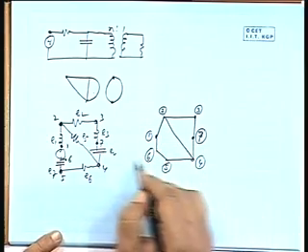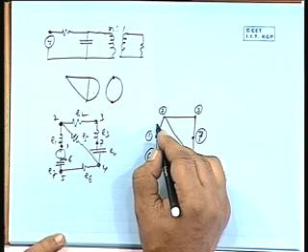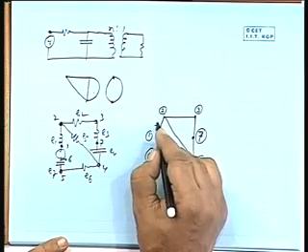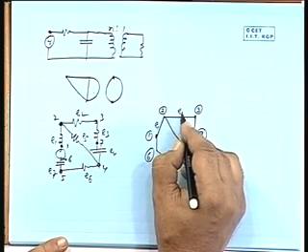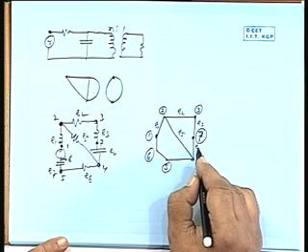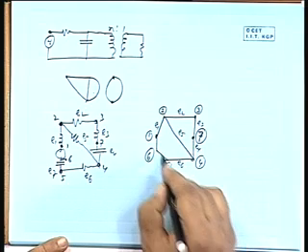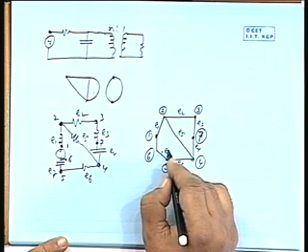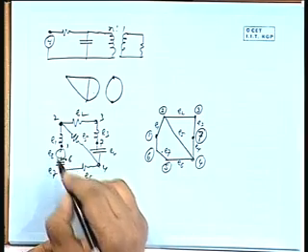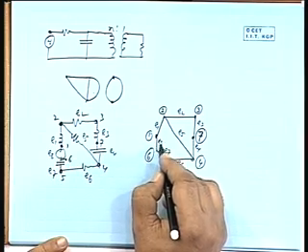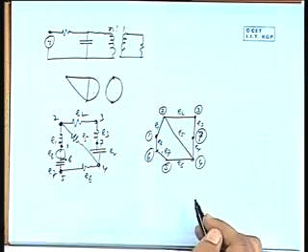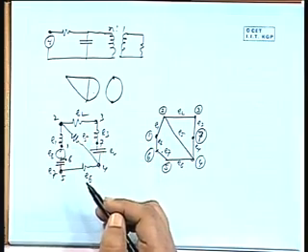Okay. We can also write the element numbers against each of these edges. This is E1, this is E2, this is E3, this is E5, this is E4, this is E6, this is E7, and this one, if you want, E8 to be between 1 and 6. So, this will be the network graph for this circuit.